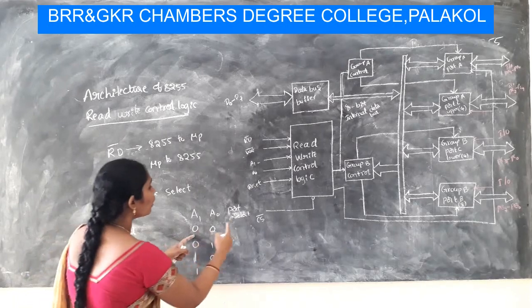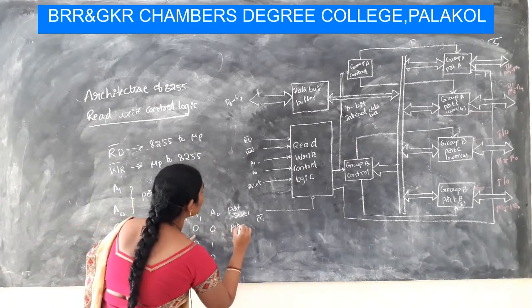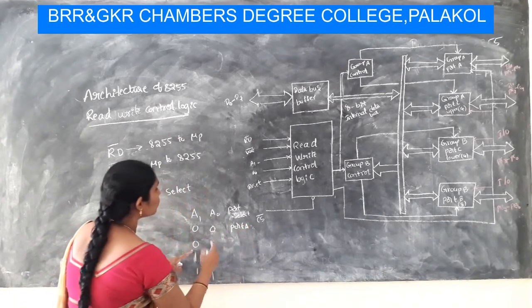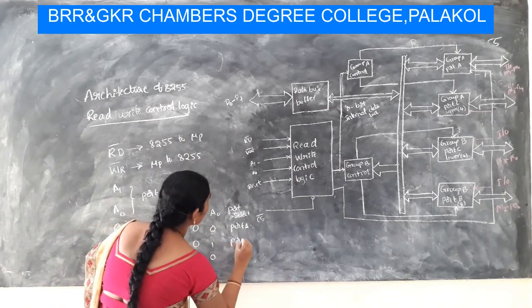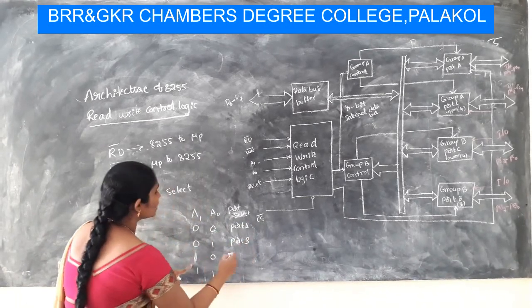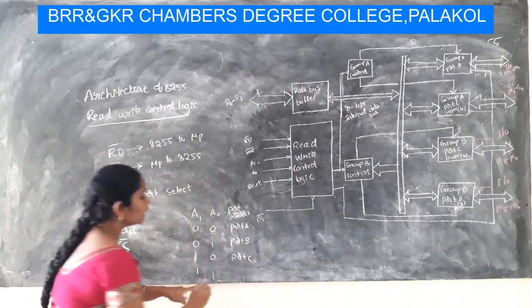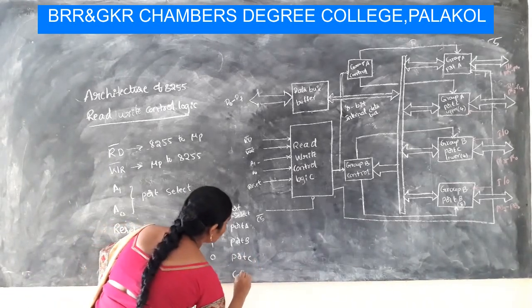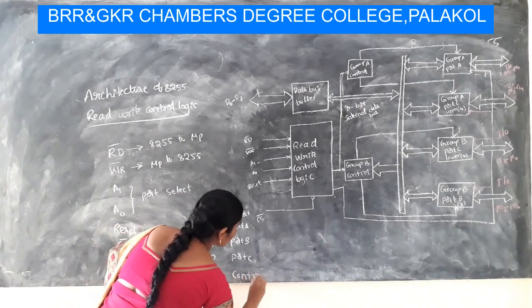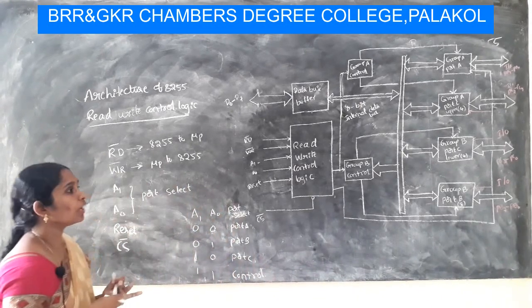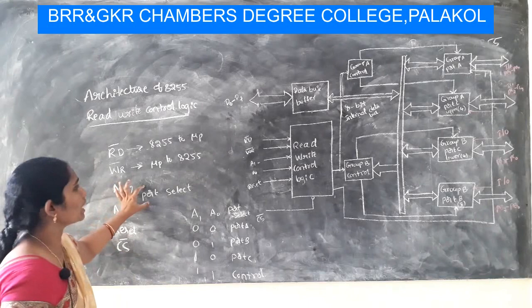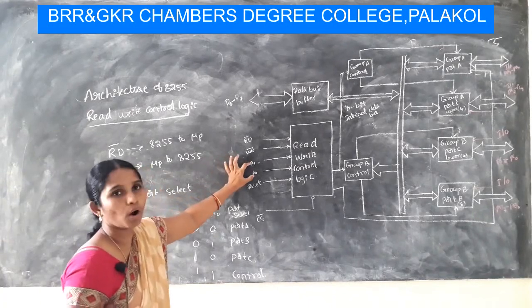For 0 0 it will select port A. For 0 1 it will select port B. For 1 0 it will select port C. For 1 1 it is for control. Likewise these port select pins operate.